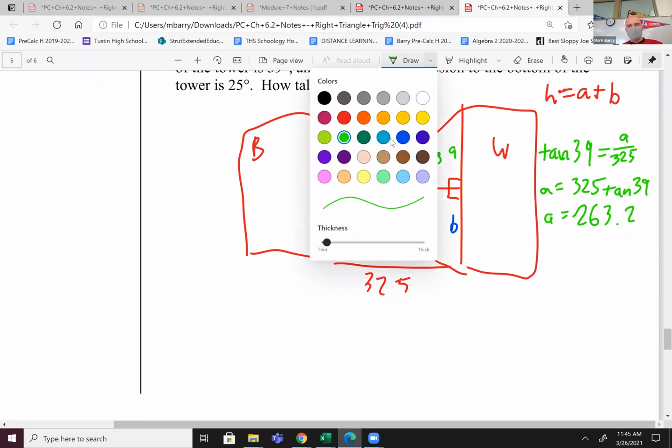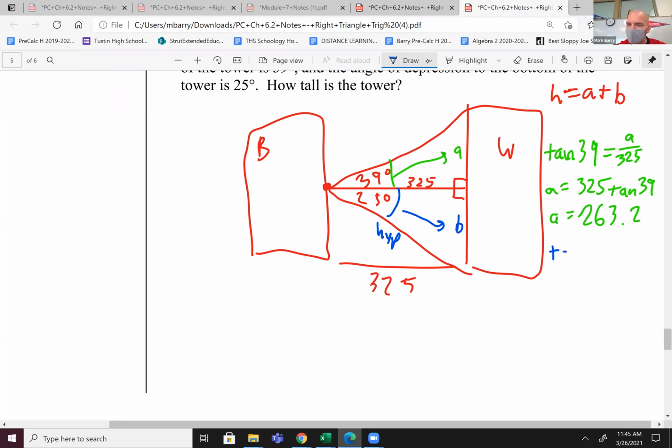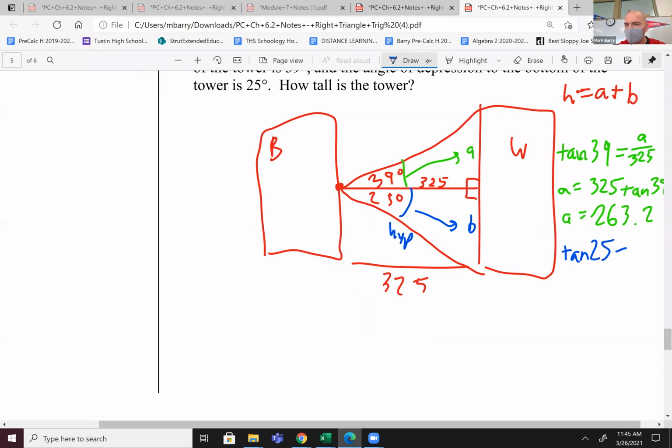Now we're going to do the same thing down here. So now we have 25 degrees. This is our opposite. 325 is still our adjacent, you can see, because the hypotenuse is over here. Okay, so I'll use tangent again because I don't really care about the hypotenuse. So, but now it's tangent of 25 equals B over 325.